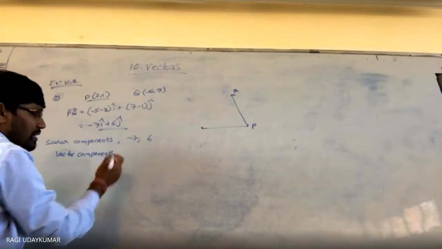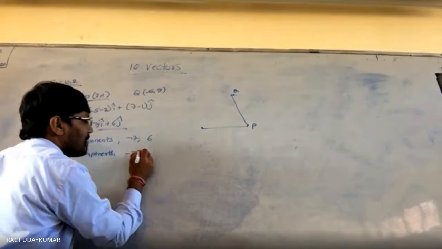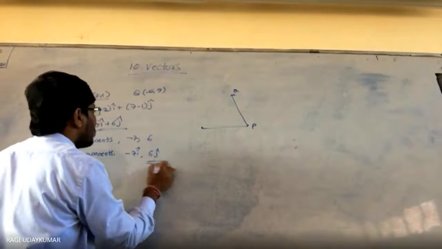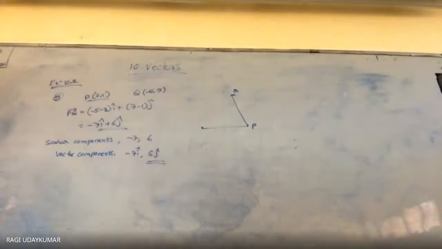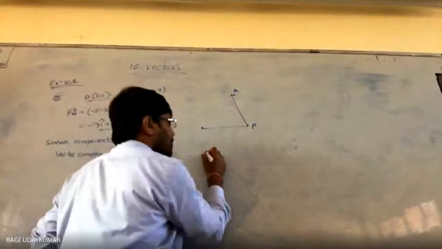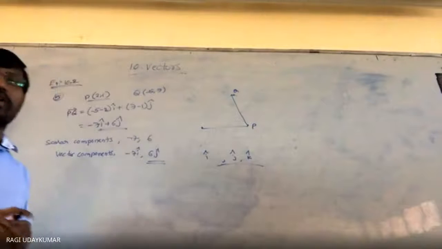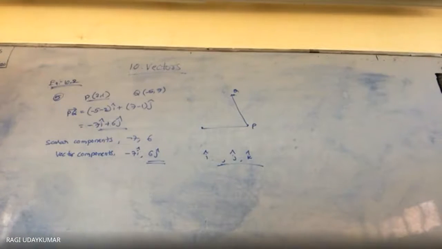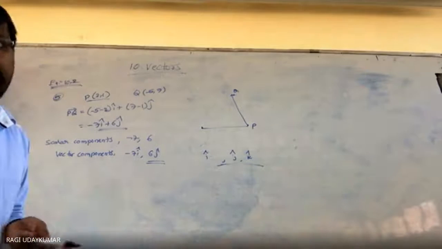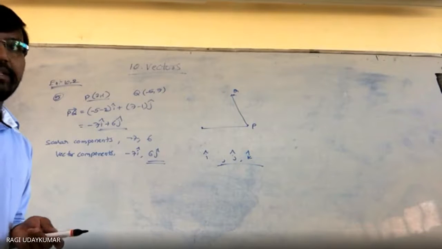I told you in the previous class, vector components: minus 7i is one vector component, cap compulsory should be written, and 6j is a vector component, because what are i, j, k? i cap, j cap, k cap are called unit vectors in the direction of the x-axis, y-axis, z-axis. x-axis, y-axis, z-axis के direction में unit vectors होते हैं.